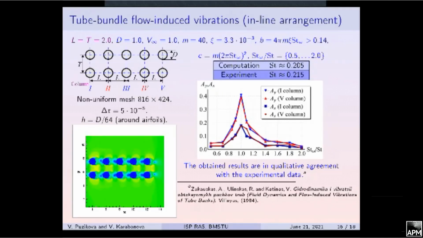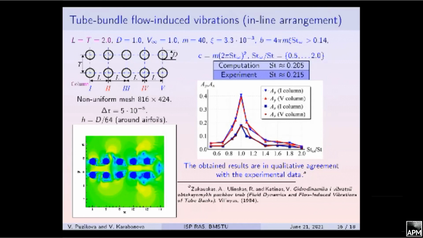In case of inline tubes arrangement, the amplitude of the tube oscillations along the vertical axis does not significantly decrease with the increasing column number. Tubes from the first column behave like single airfoils, and these computational results are in qualitative agreement with the experimental data.